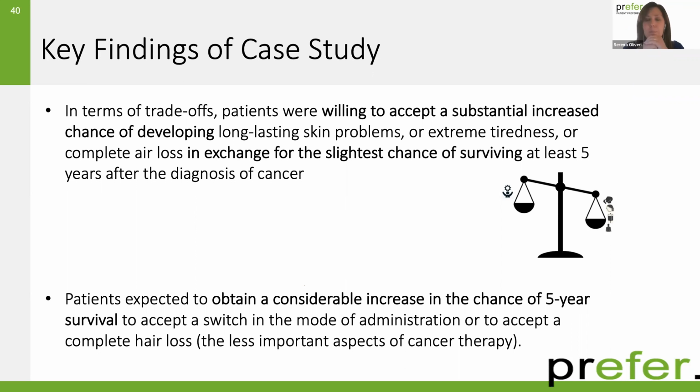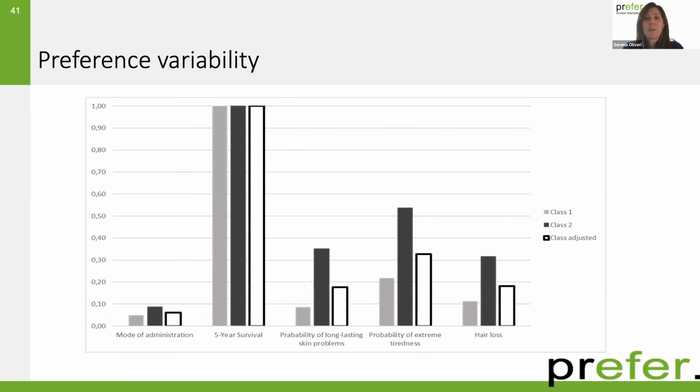Next slide, please. This is a graph representing what I described before. As you can see, the column related to the survival attribute is the most important one for all the participants, followed by all the other aspects related to the side effects and to the mode of administration.